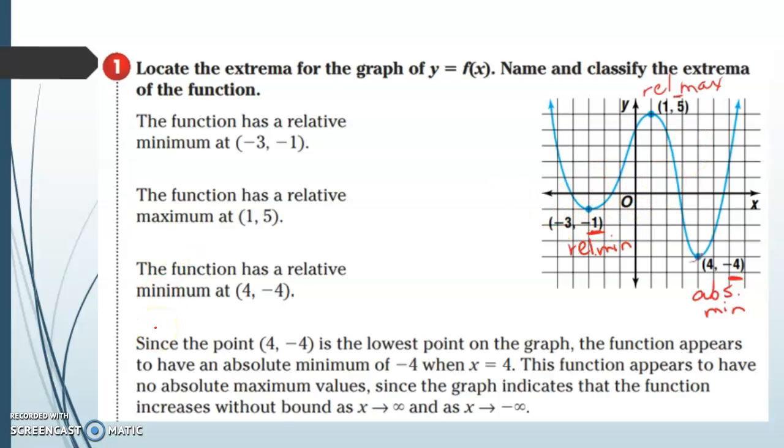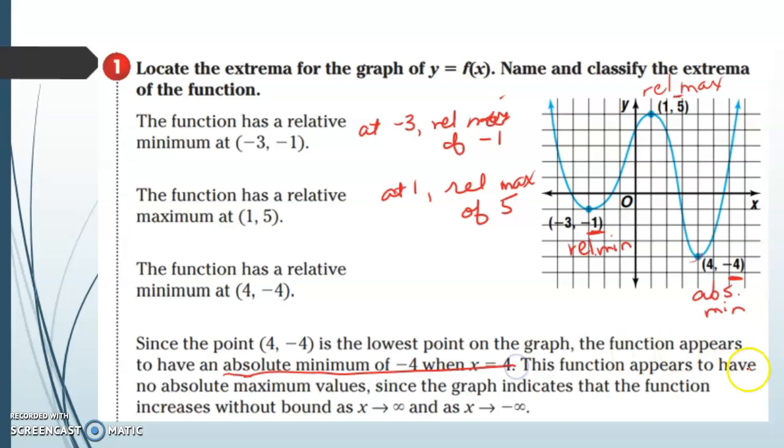You would also say that at -3, you have a relative min of -1. At 1, you have a relative max of 5. And there's an absolute minimum of -4 when x equals 4. Like I said, it's going on forever and ever, so it's never going to get an absolute maximum.